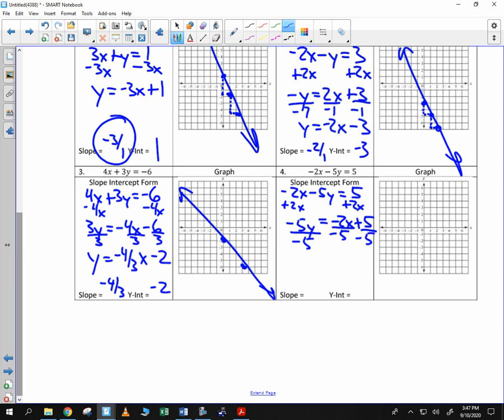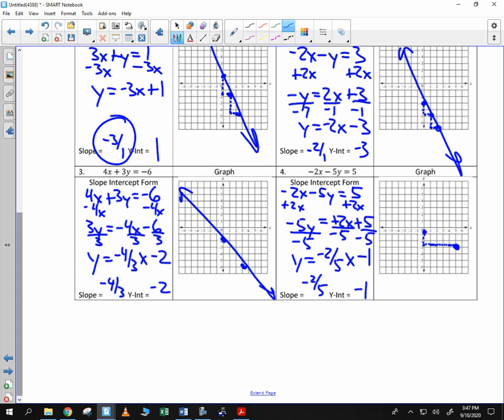Well, I'm sorry, it was a positive 2x. Sorry about that. Y is -2/5 x minus 1. So the slope is -2/5, and the y-intercept is -1. Plot -1, and slope is -2/5, so down 2 and run 5.